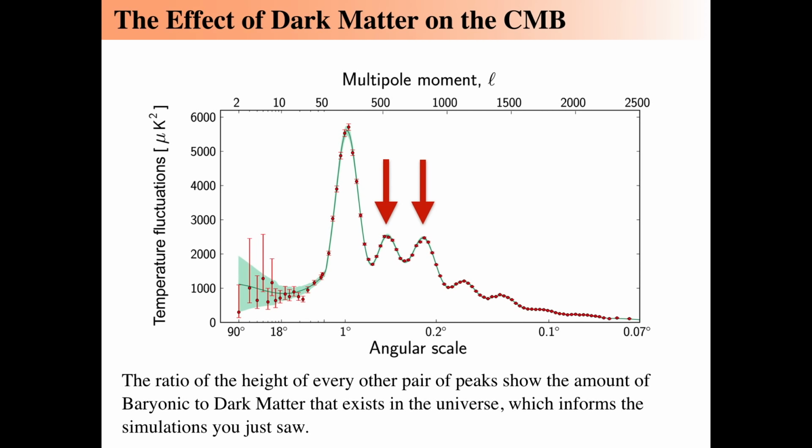Now, you've got blobs of normal matter, and they kind of rattle around inside of the peaks that we saw earlier on, that are created by the dark matter. So sometimes they get close and sometimes they get far.